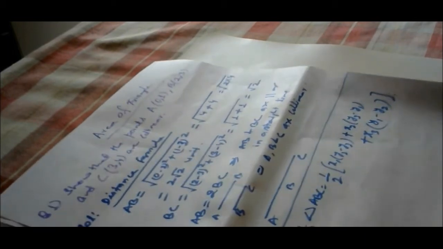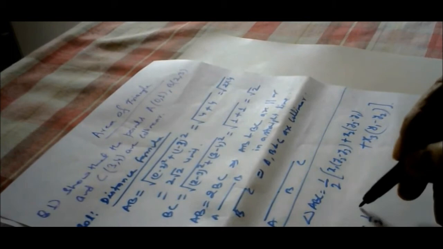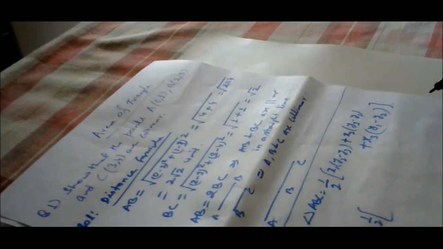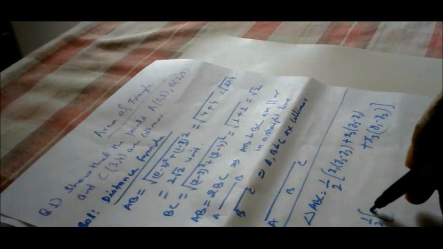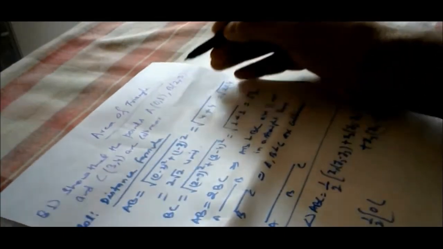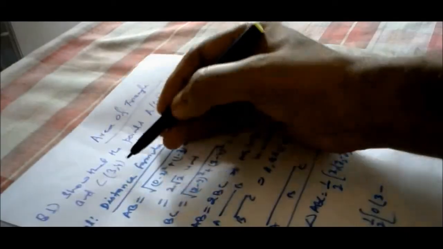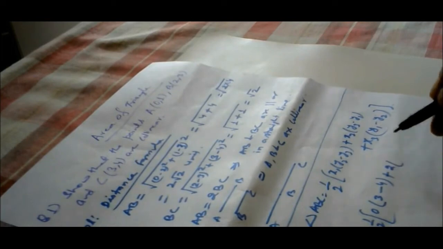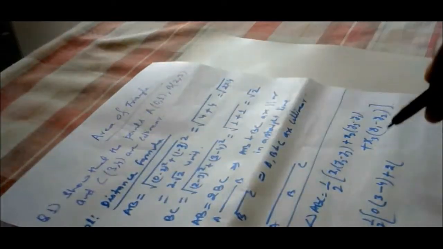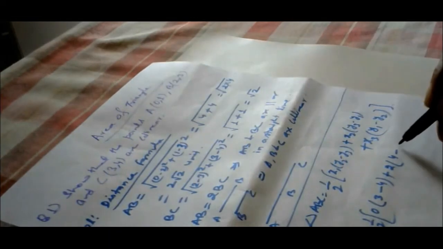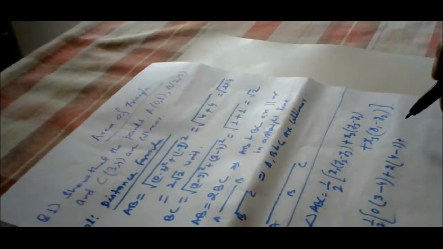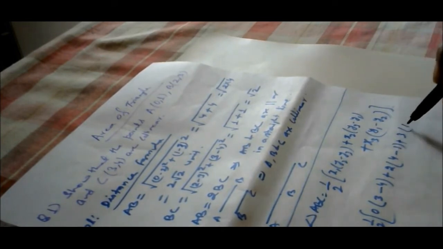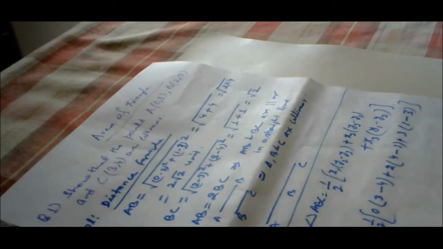Let us put the values. Half, x1 is 0, y2 is 3 minus y3 which is 4; x2 is 2, y3 is 4 minus y1 which is 1; plus x3 is 3, y1 is 1 minus y2 which is 3.